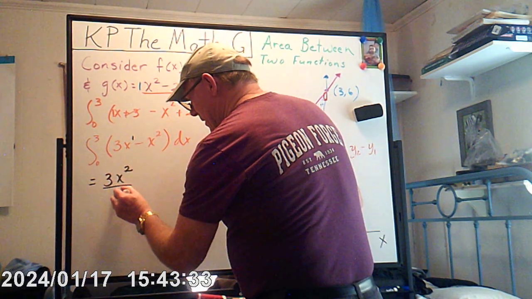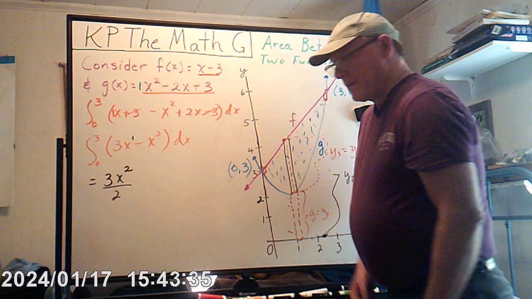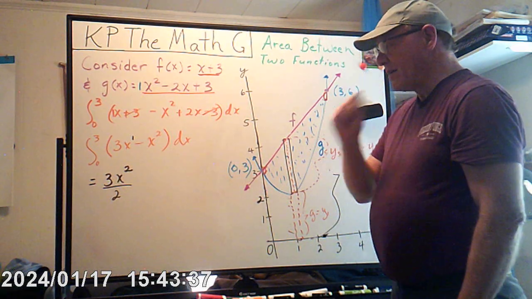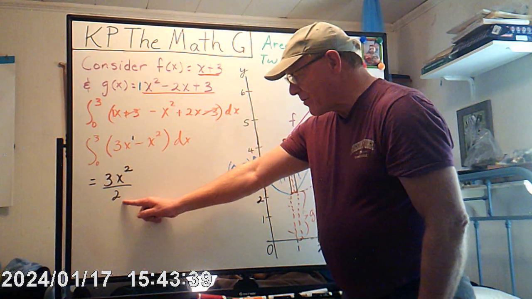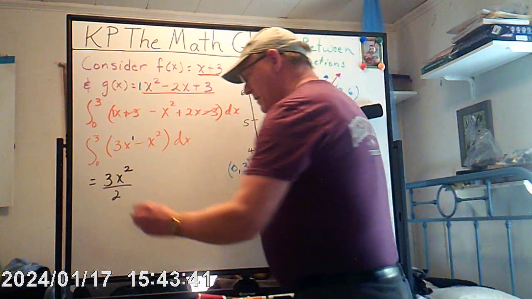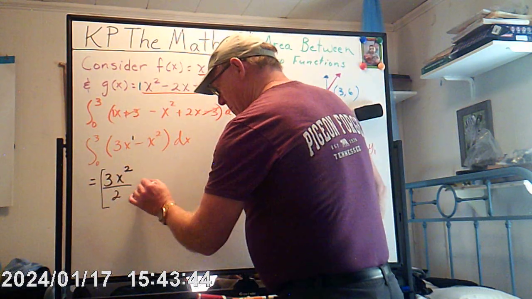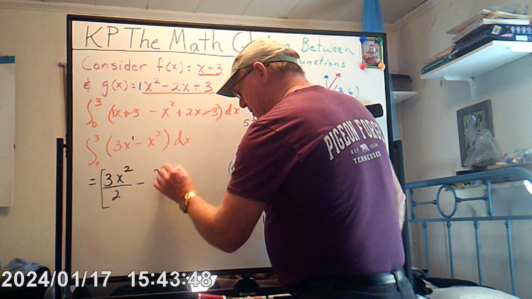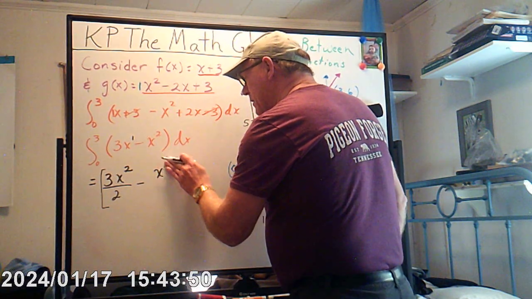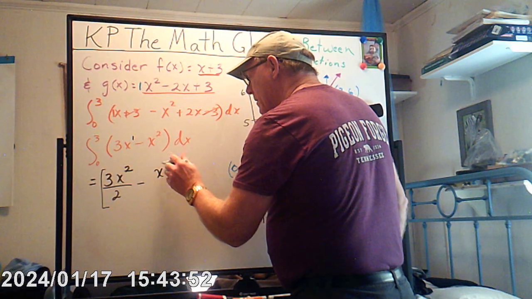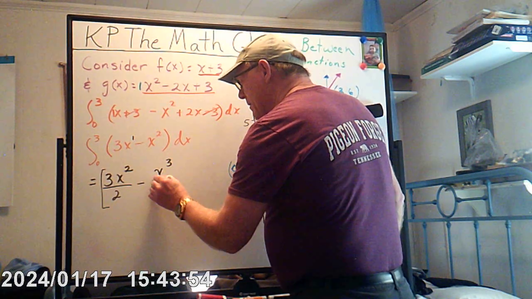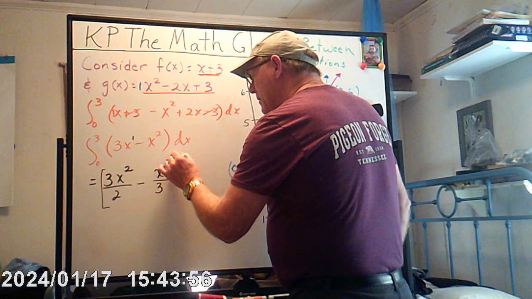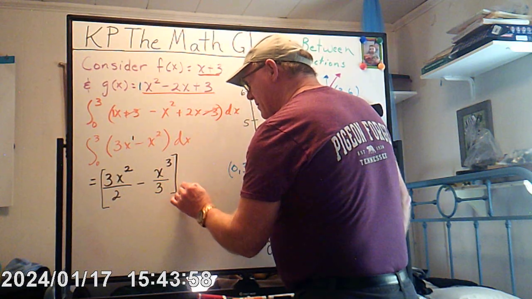Then divide by that 2, that's the way it works right there. Add 1 to your exponent, divide by that. Okay, minus sign. Now add 1 to 2, we get 3. Okay, so 3, and then divide by 3, and I'm going from 0 to 3.